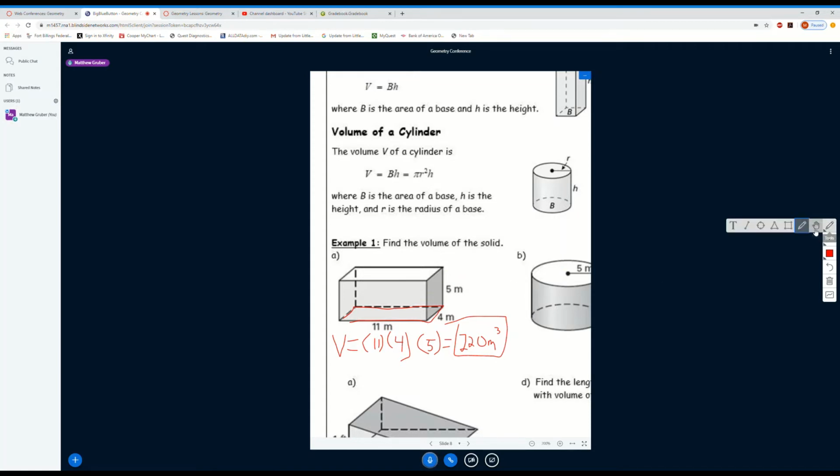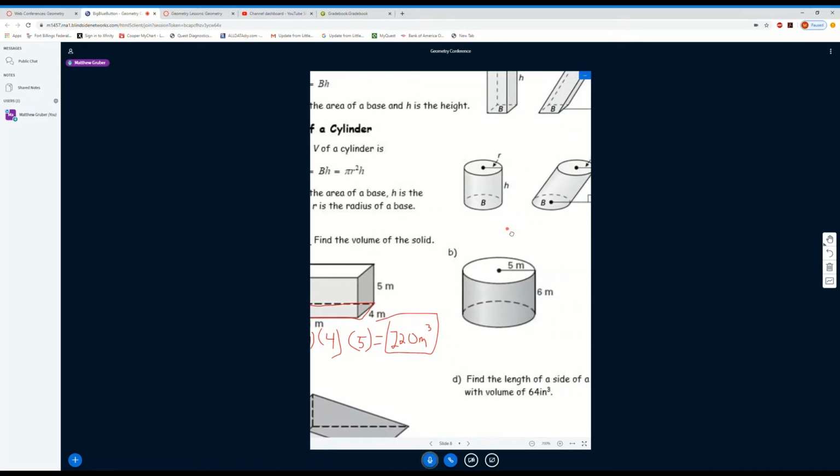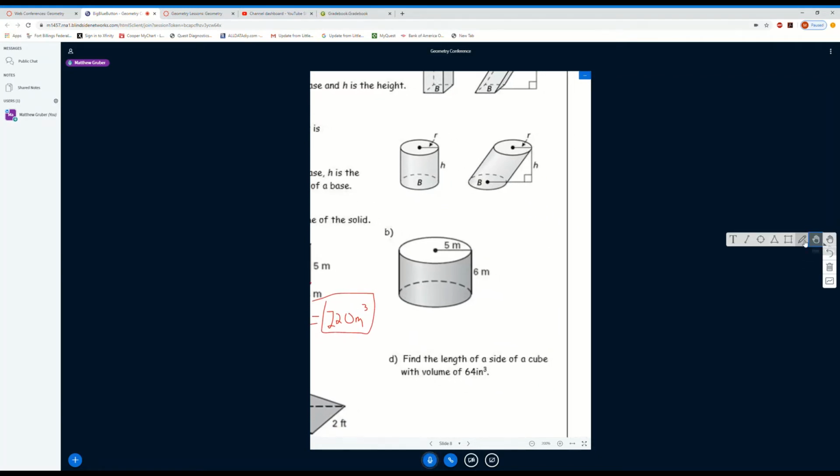the height. All right, I want to find the volume of this cylinder. Well, the volume of the cylinder is pi r squared h, so let's do it. Volume equals pi, we're going to approximate with 3.14, times r squared, the radius is 5, so that's 5 squared, which will be 25, times the height.